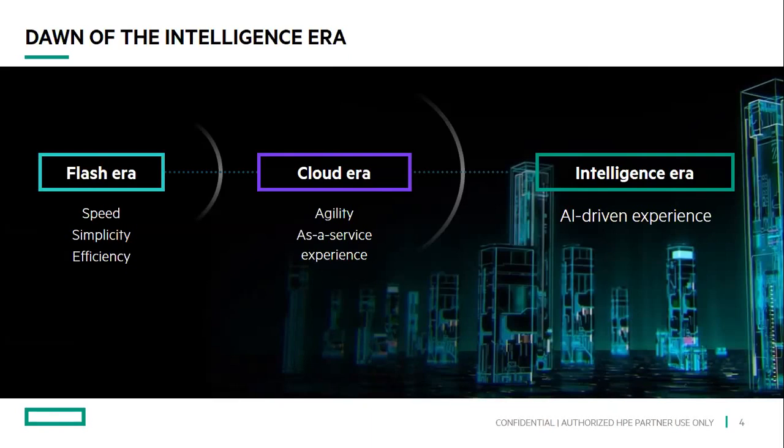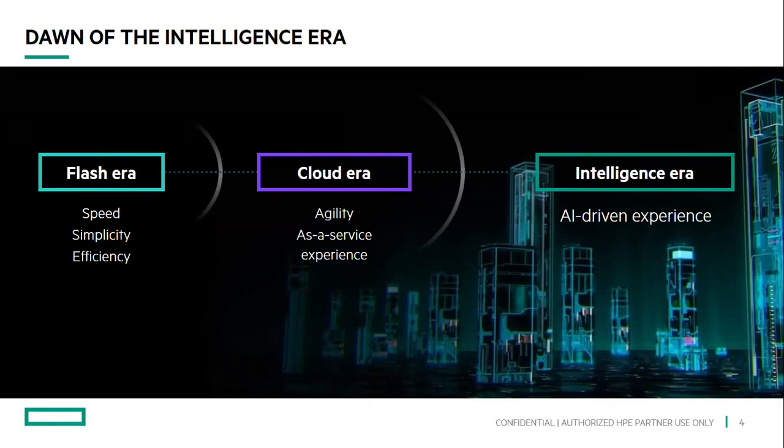Then we are talking about the cloud era, in which people are talking about agility, how fast the provisioning of the applications is. They don't need to wait 4 to 6 or 8 weeks to get the hardware delivered. If I want to have the service up and running, I don't want an infrastructure.